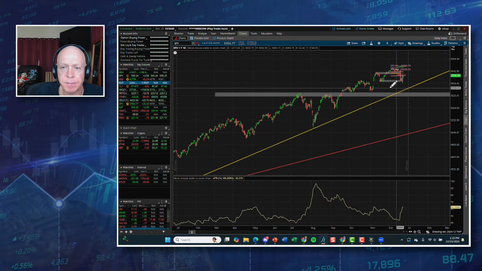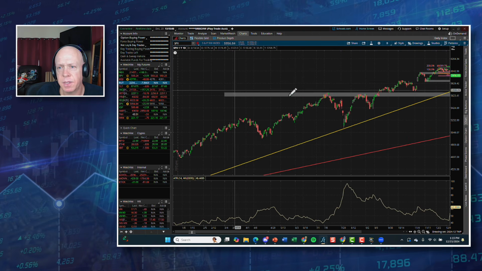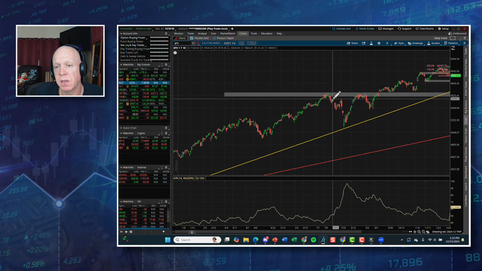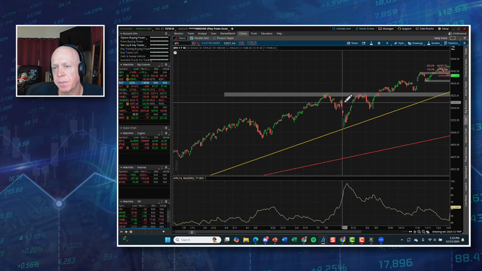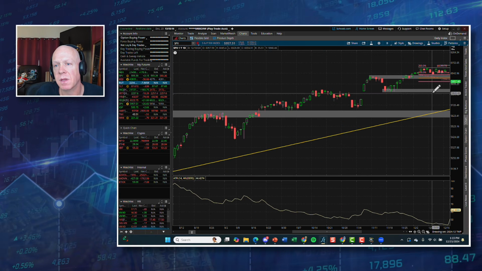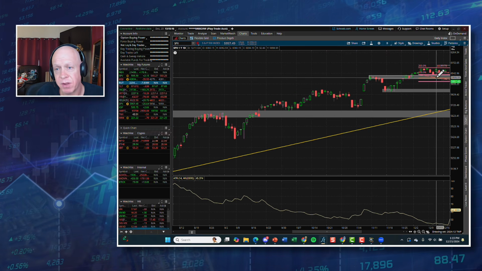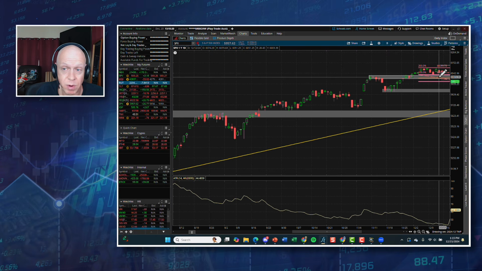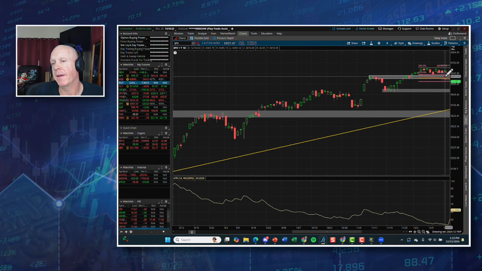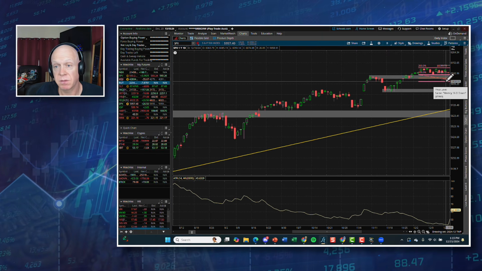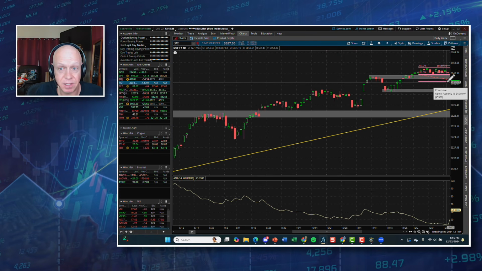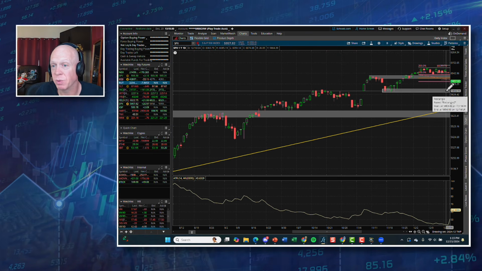Even before that, if I'm looking at this here, I know that I have a breakdown here that I could enter on. So I know what price level that's at. I know I have another breakdown here. If that goes under that, I know what price level that's at. I know I have a fairly hard support level here.